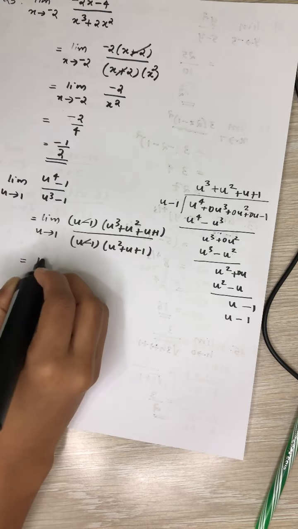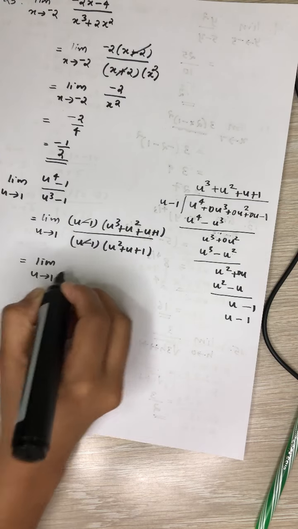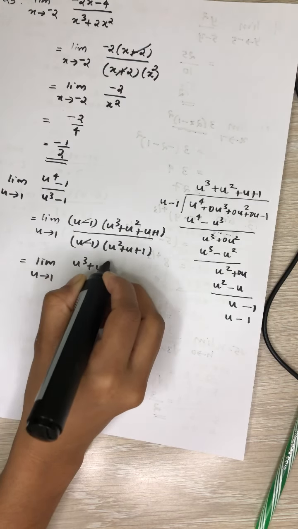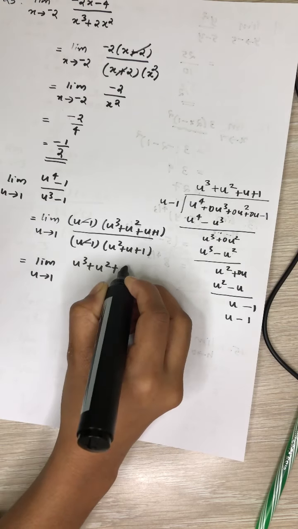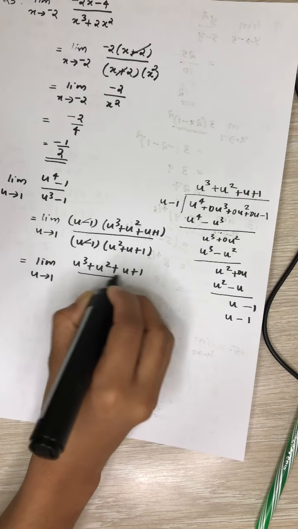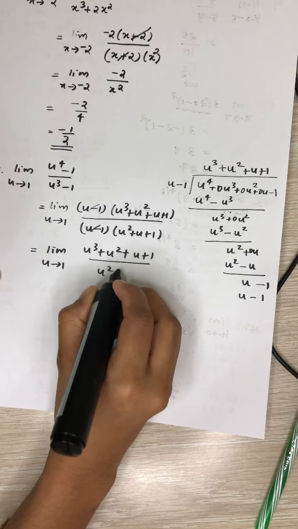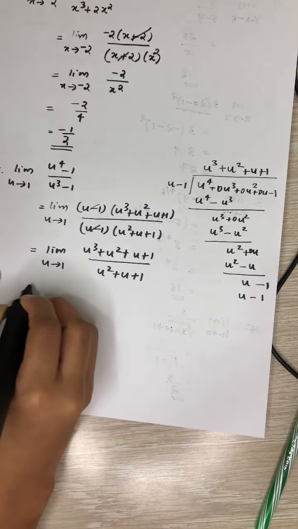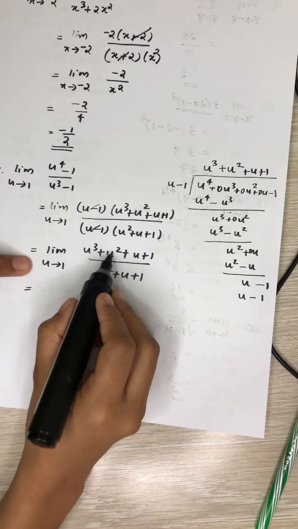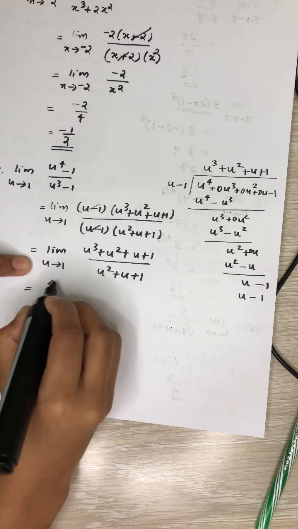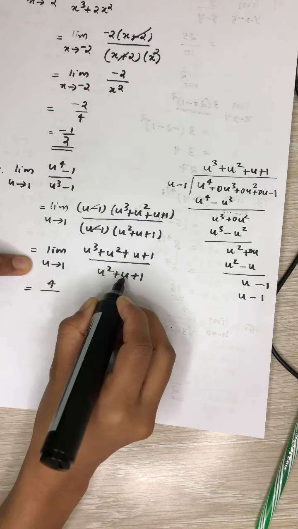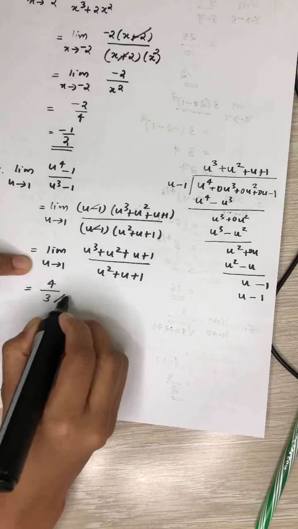Cancelling this, limit u tends to 1, (u cube plus u square plus u plus 1) divided by (u square plus u plus 1). Substituting, 1 plus 1 plus 1 plus 1, that is 4, by 1 plus 1 plus 1, 3.